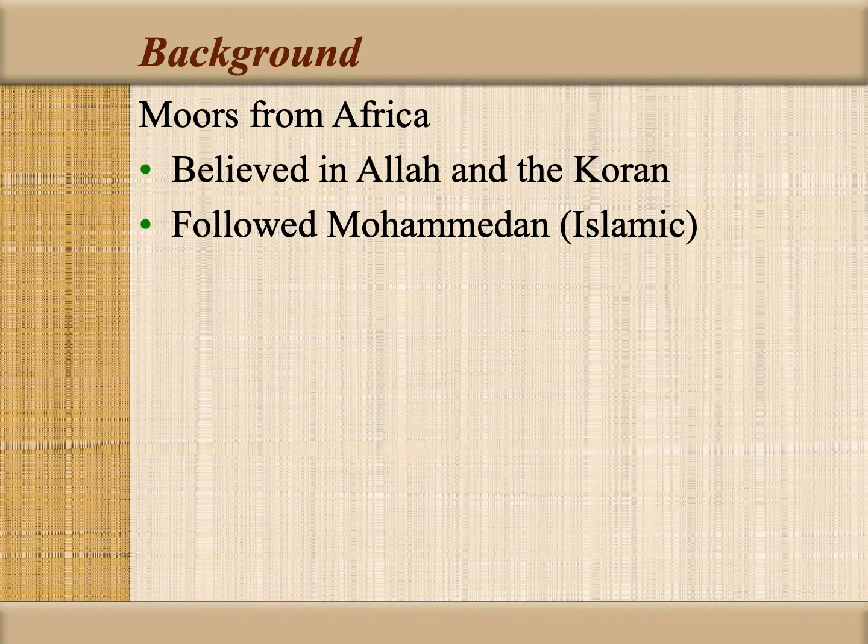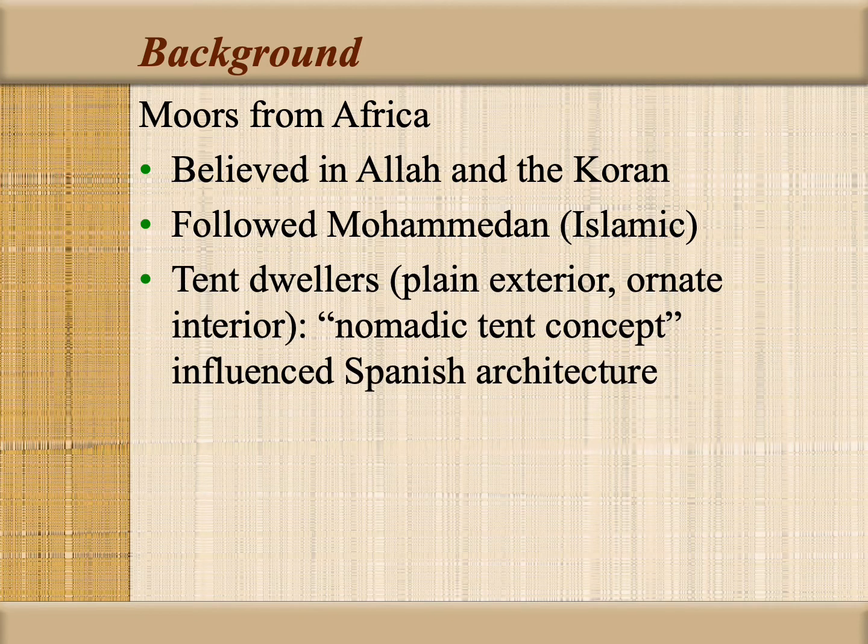And most importantly, the Moors were tent dwellers. So these tents would have a very plain exterior, but an incredibly ornate interior. However, they were very nomadic, so as ornate as the interior was, it had to be able to be packed quickly and moved.